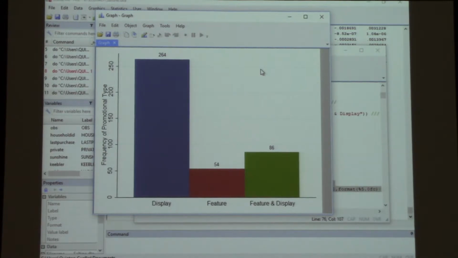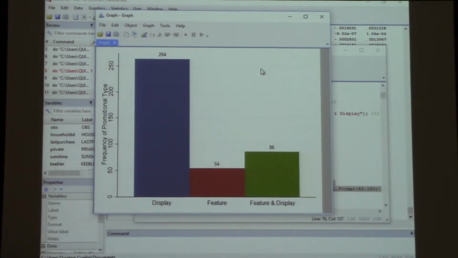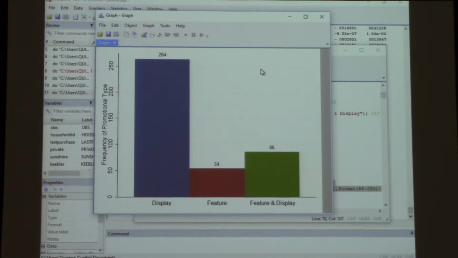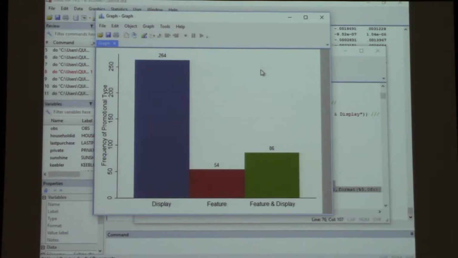Feature was the one that we were getting the weird results for, and feature is the one that has the fewest observations. Now 54 isn't tiny. Remember the central limit theorem? We need a minimum of 30 to get regression to work and to get it trustworthy, but 54 is relatively small.